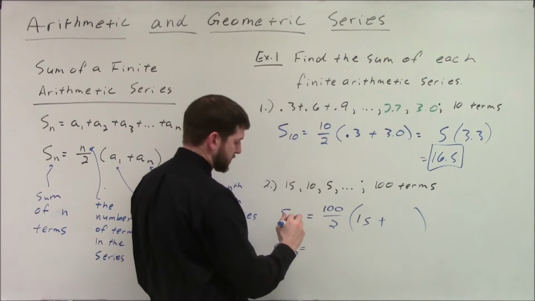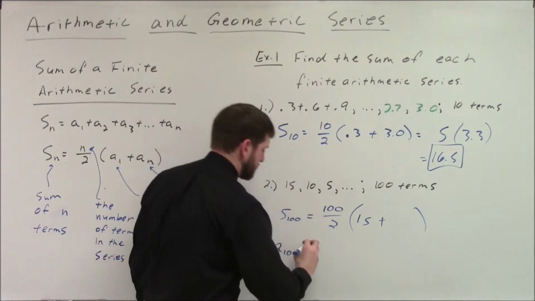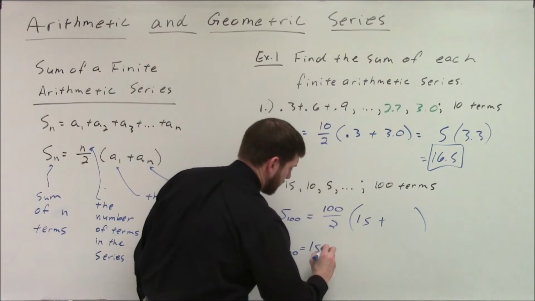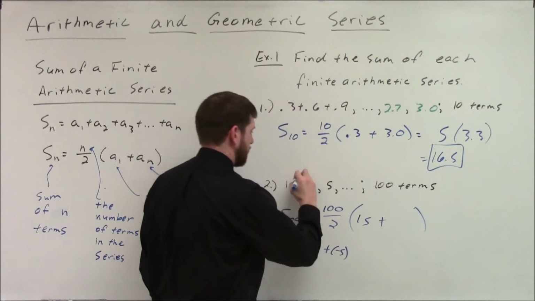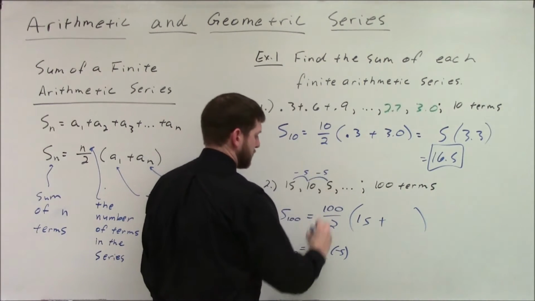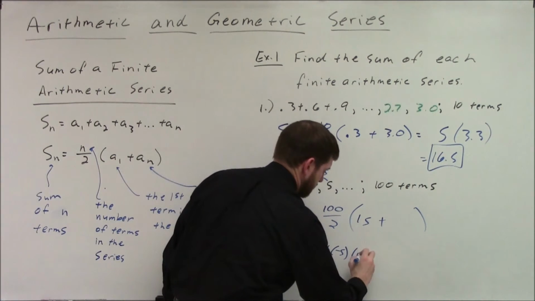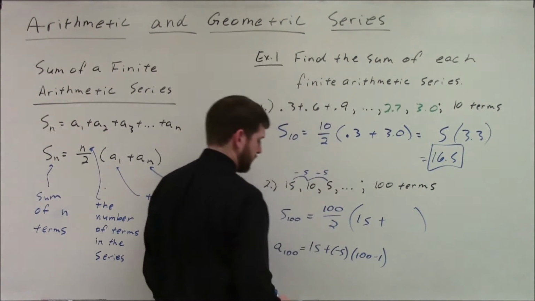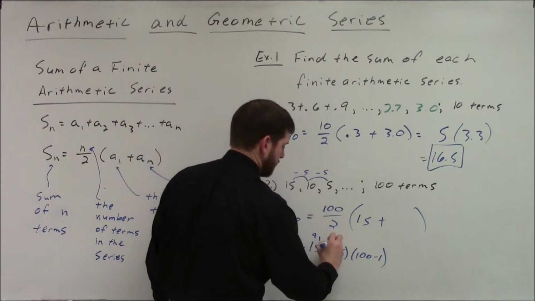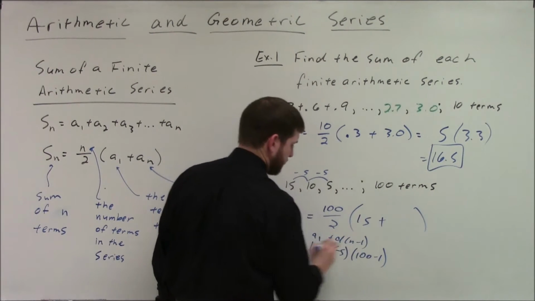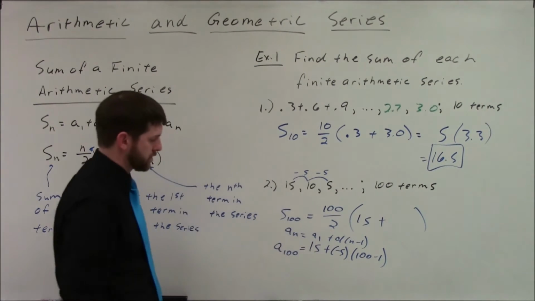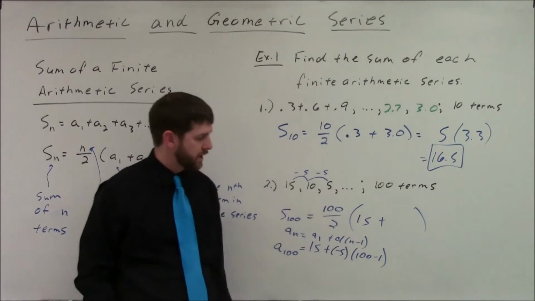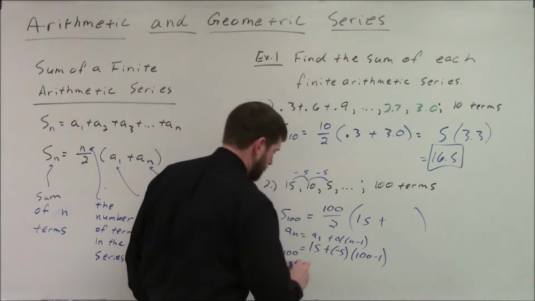My explicit formula is a1, which is 15, plus the pattern, which is minus 5, because we are subtracting 5 each time, times n minus 1. Remember your formula, a1 plus d times n minus 1. That's your an. We need the 100th term, so 15 plus negative 5 times 100 minus 1.